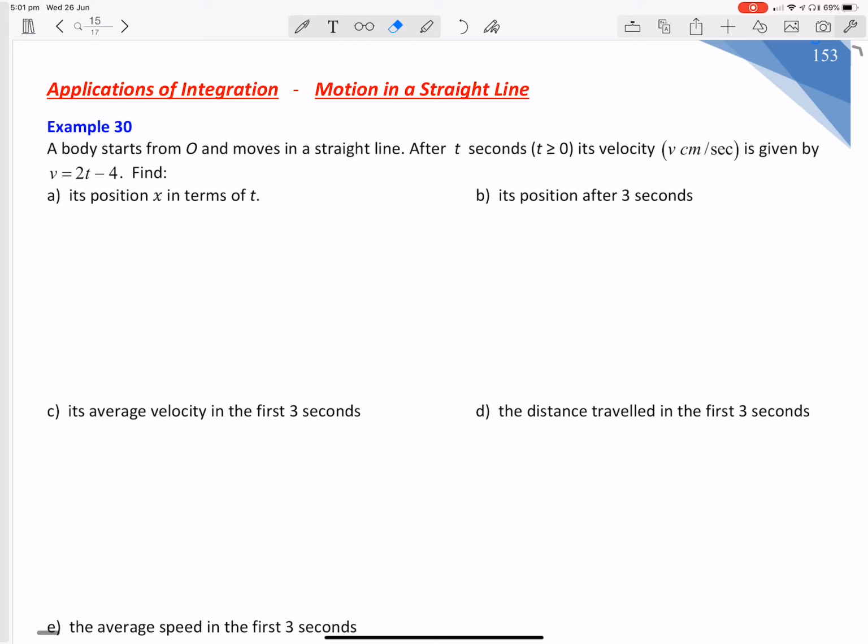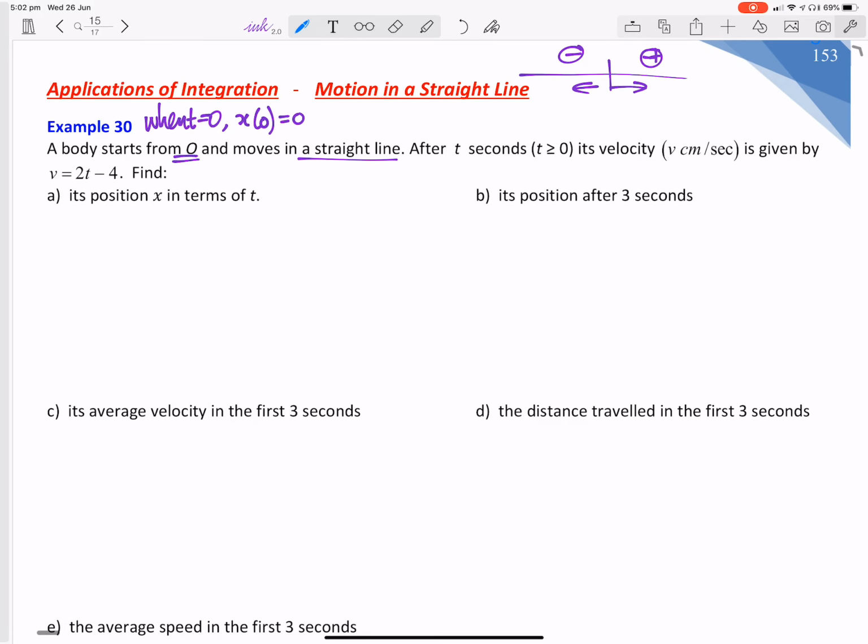A body starts from 0. So it starts at the origin, so that means when time equals 0, my displacement is equal to 0. It moves in a straight line, so that means it's going right or left. If it's positive, it's going to the right.